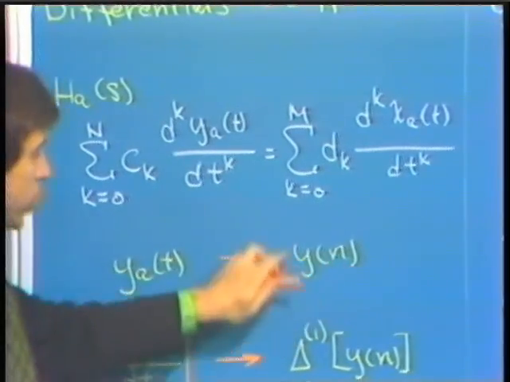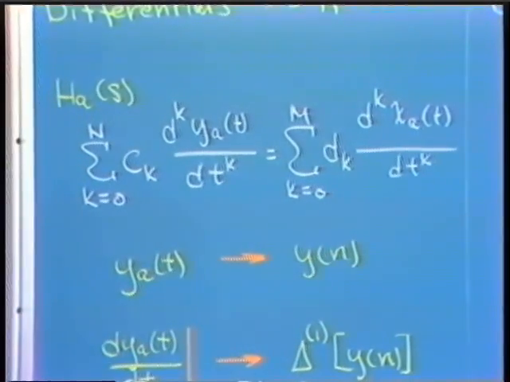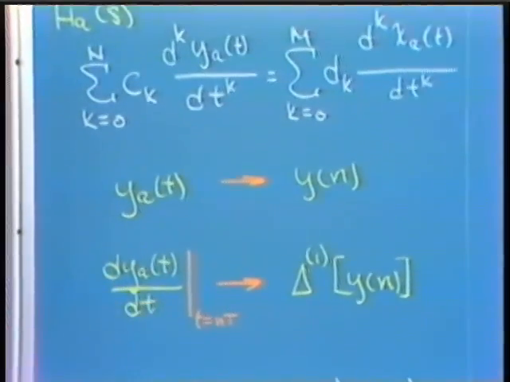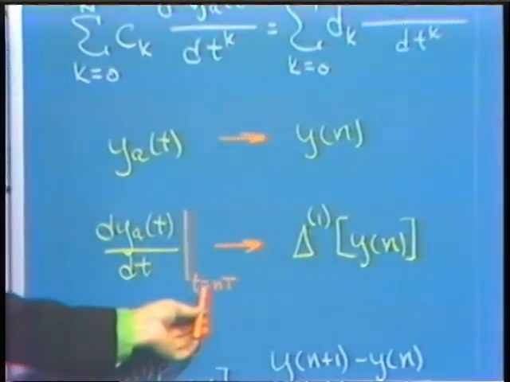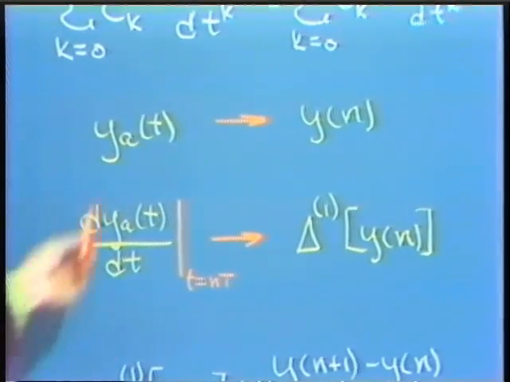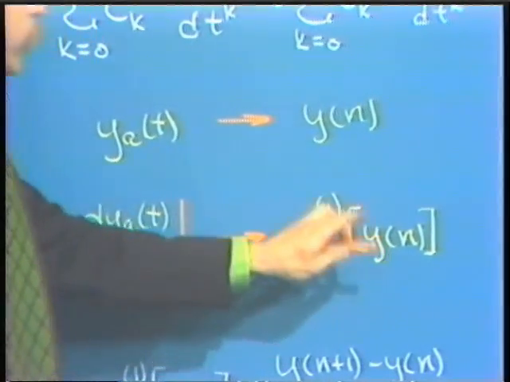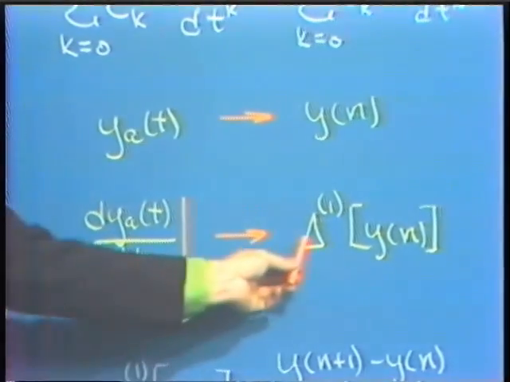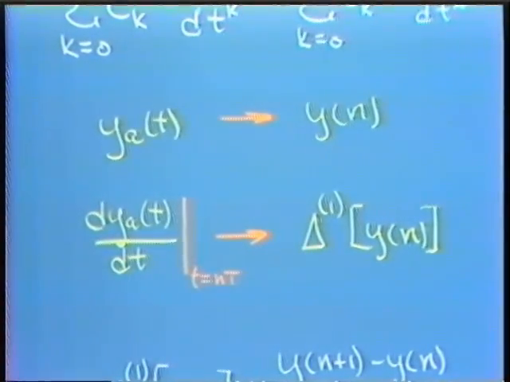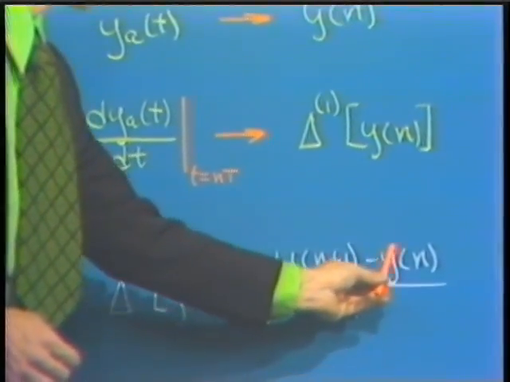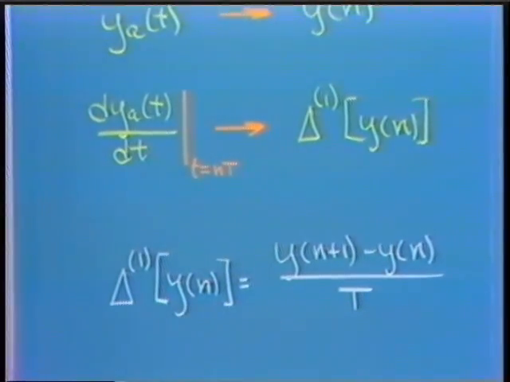Y of n, of course, is the output of the digital filter, in such a way that the first derivative, sampled at t equal to n times capital T, gets replaced by the first difference of the output of the digital filter, where I'm defining the first forward difference as y of n plus 1 minus y of n divided by capital T.